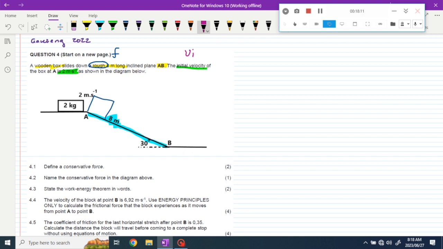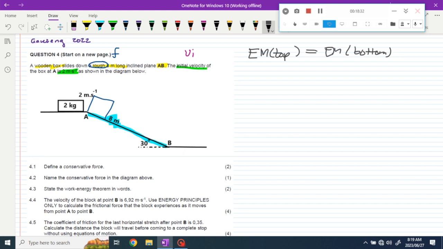There you go. Principle of conservation of mechanical energy. We cannot use the mechanical energy at the top is equal to the mechanical energy at the bottom. We can't use this formula.